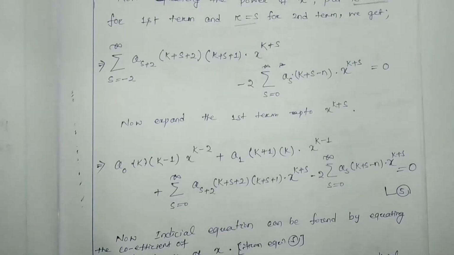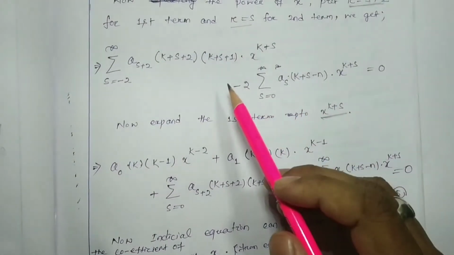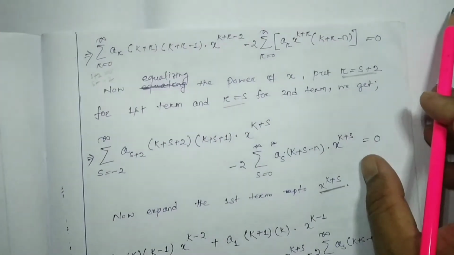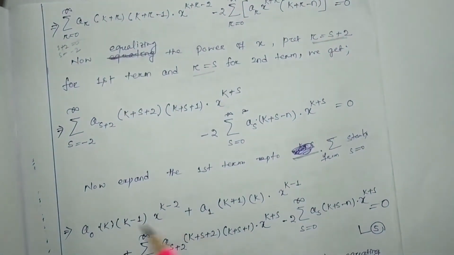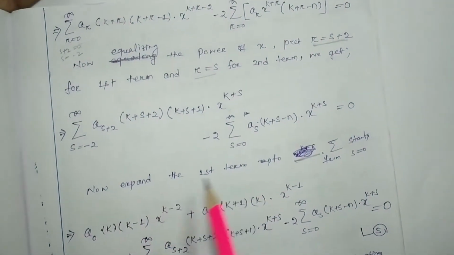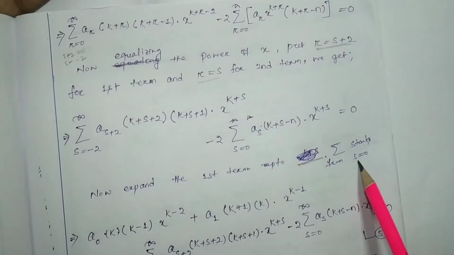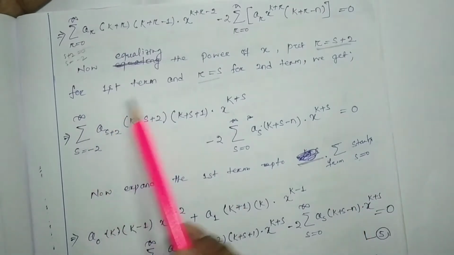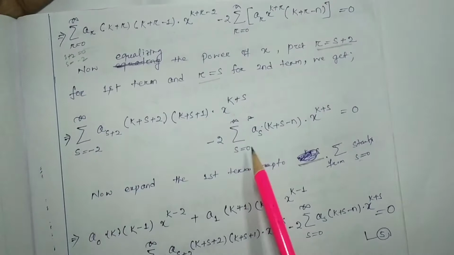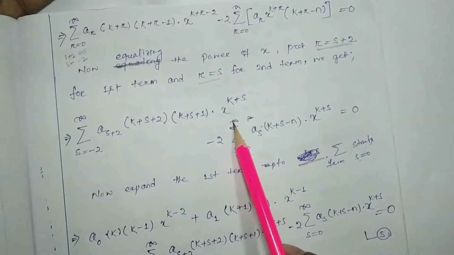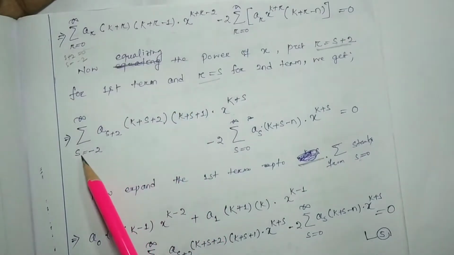Now expanding the first term. Here in the first term the summation starts from s equal to minus 2 to infinity, but in the second term the summation starts from s equal to 0 to infinity. So the first term is going to be expanded up to s equal to 0.